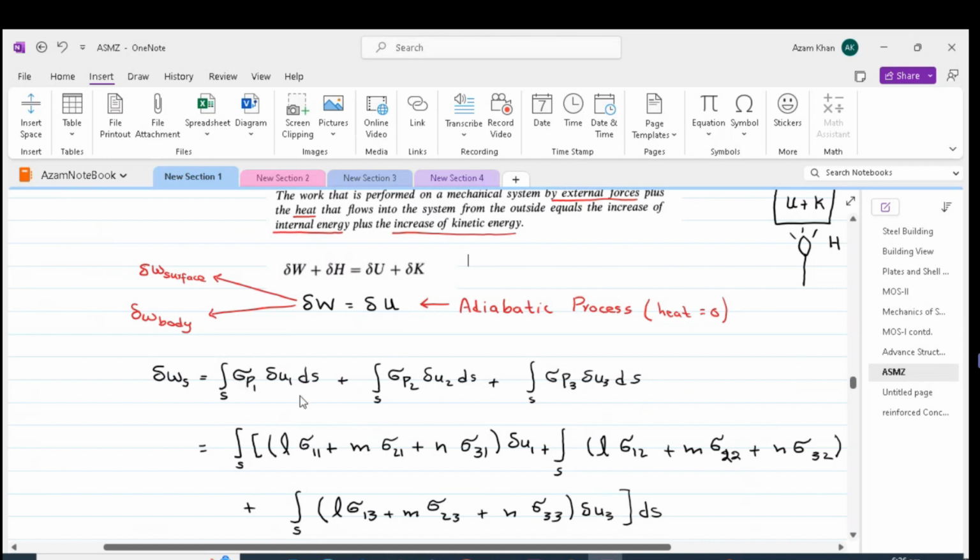When it's multiplied with the surface area ds, we get a force. That force is then multiplied with the displacement variation delta u1 to get the work of the surface forces in x1 direction. The same thing is done for the work of the surface forces in x2 direction and in x3 direction.